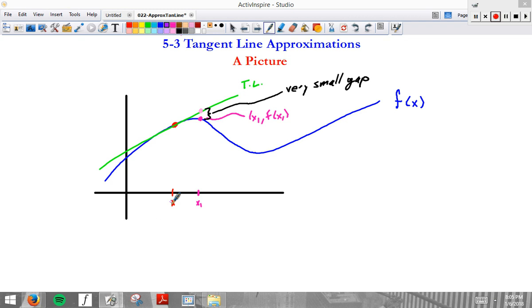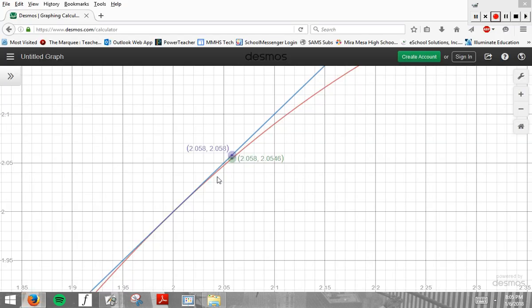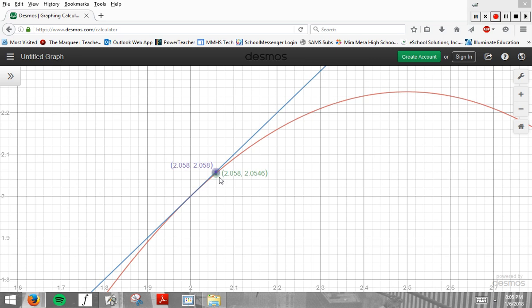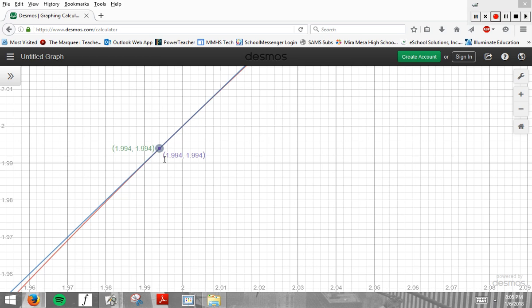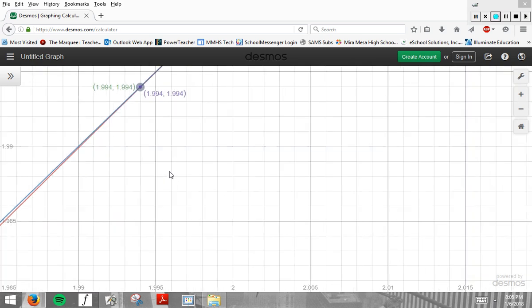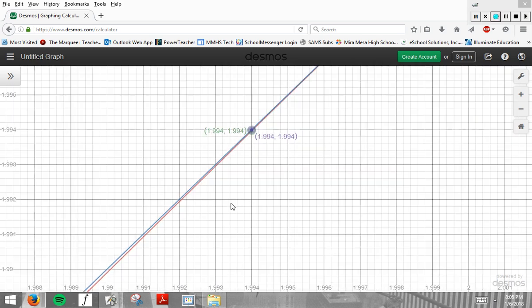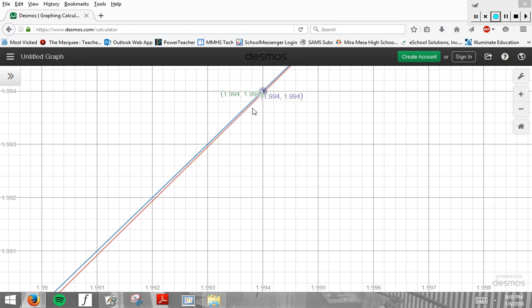When my x values get close, this gap was small. When the x value is close to 2, this gap is almost negligible. Look how close it is right there. You can't even see it. I have to scroll in so far. See, they're definitely not the same.